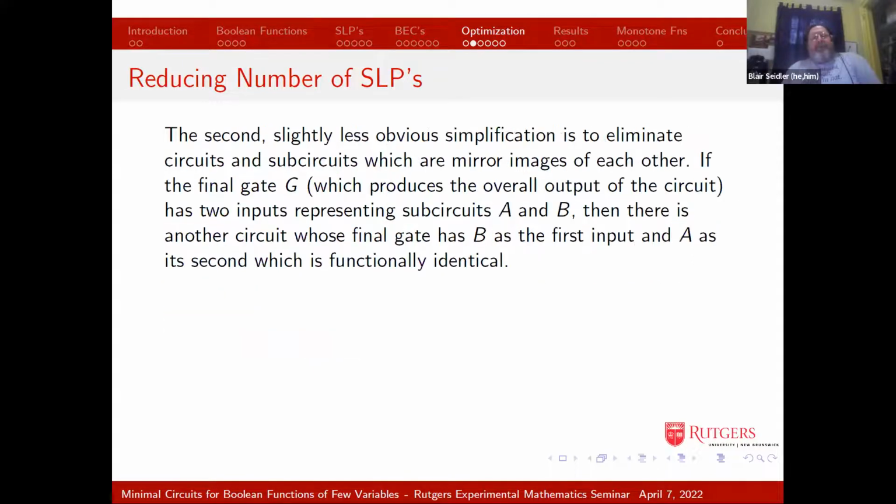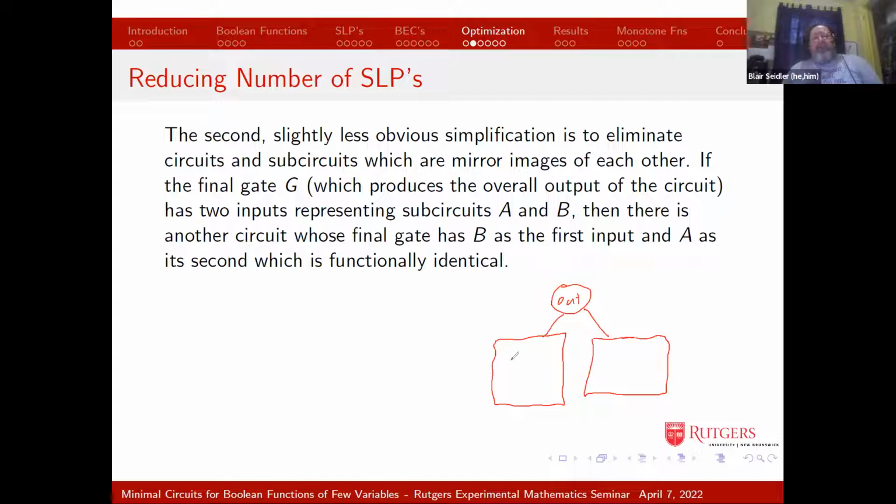So the next, slightly less obvious simplification, and maybe I should have drawn a picture here, but I didn't. So maybe I can do that now. There we go. What I'm talking about here is, if the structure of my circuit is, this is my output gate, and I have some blob over here, and I have some other blob over here.